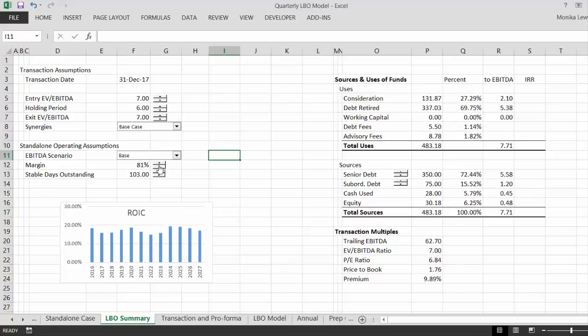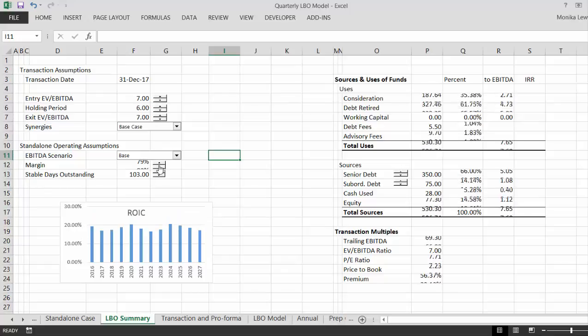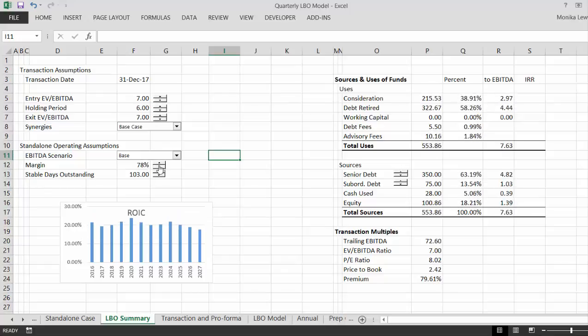Now, what I have to do is make absolutely sure that for our EBITDA, we just have a base case EBITDA, okay?